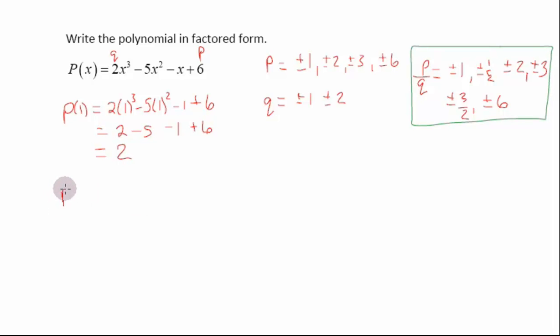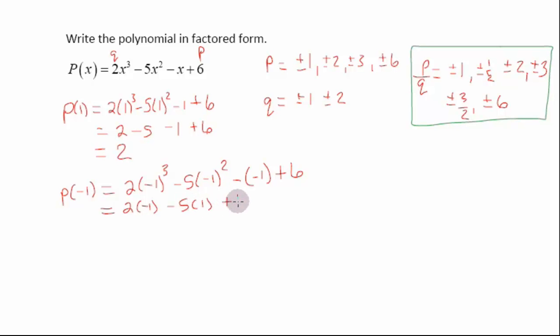All right, let's try another one. Let's try negative 1. So I'm searching for a 0. 2 times negative 1 cubed minus 5 times negative 1 squared minus a negative 1 plus a 6. 2 times negative 1 minus 5 times positive 1 plus 1 plus 6.